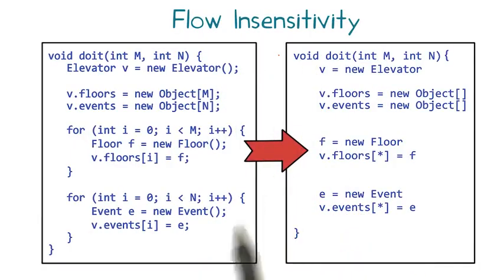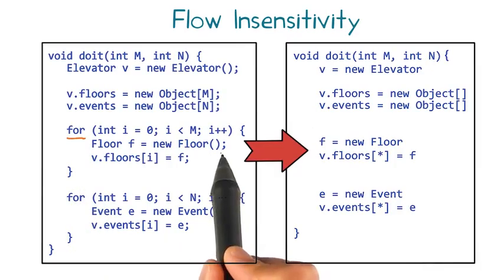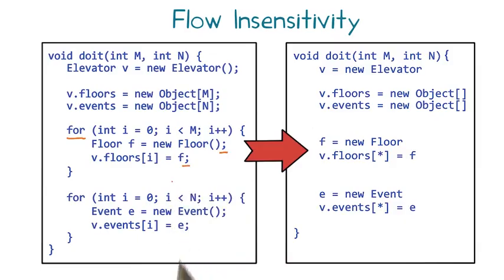Applying this abstraction to our example elevator program produces the following abstract program. There are 3 major differences that I'd like to highlight here. First, notice that all control flow features have been removed, including constructs like for loops and also semicolons indicating sequentially ordered statements. Secondly, all statements that do not affect pointers have also been removed.